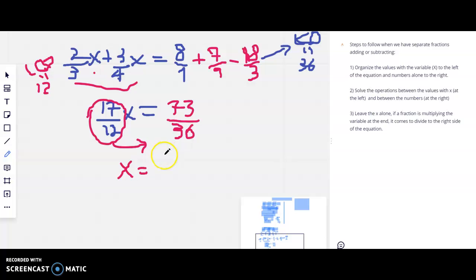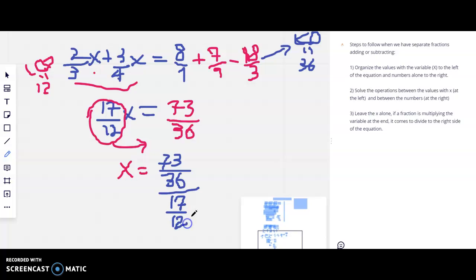So it will be 73 over 36 over 17 over 12. And now, what do you think this is? This is the extremes and means property. Remember, extremes and means.